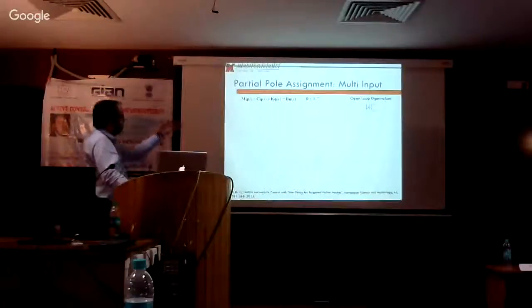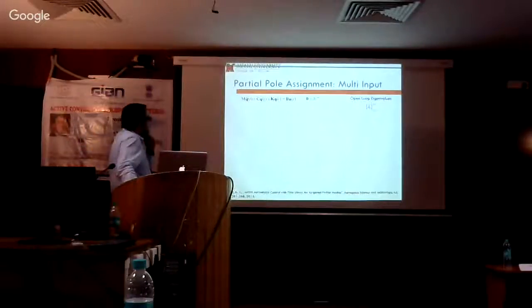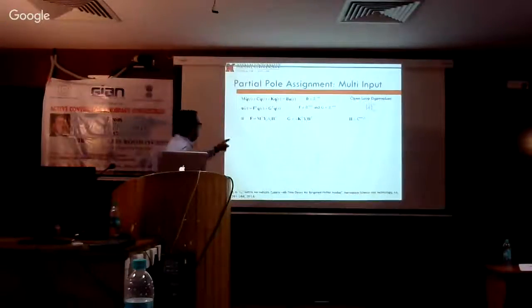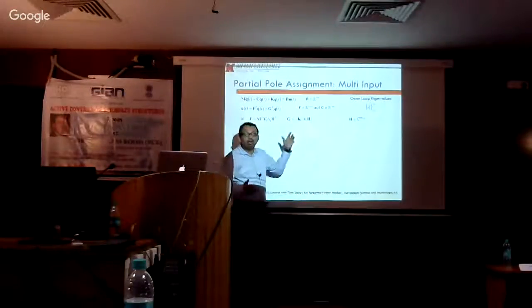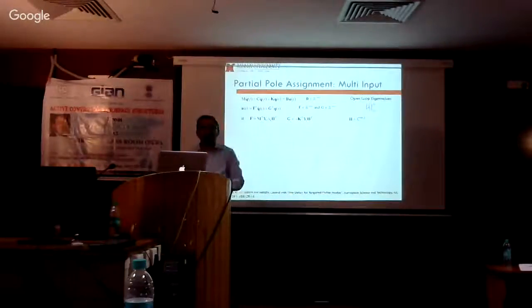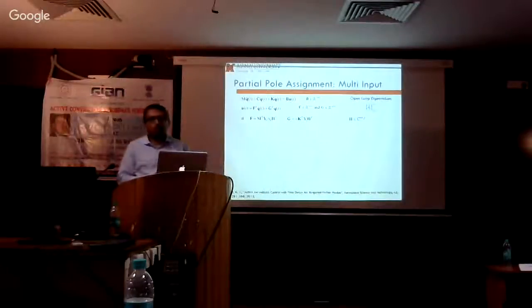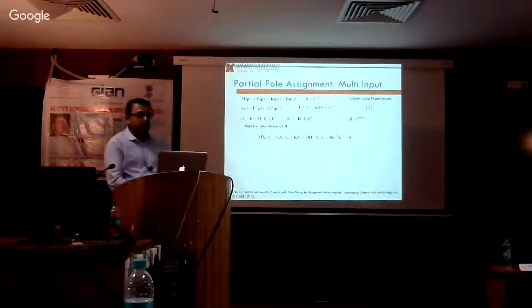So in the multi-input case, if you have an open loop system, we have 2n eigenvalues with the definition of our controller. If you remember the term beta, which we used for the single input case in partial pole assignment, this beta vector is replaced by a matrix. So it can be shown that if your control matrices are of this form, then there will be no spillover.